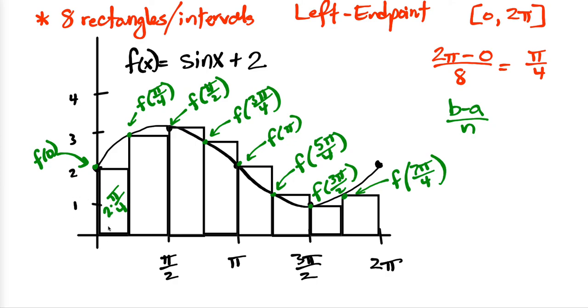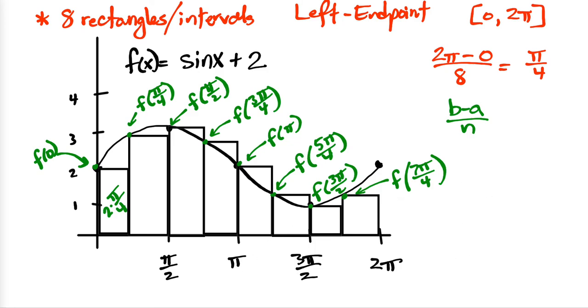If I could present this differently to you, this first one I wrote 2 times pi fourths. What is 2? That was f of 0. This would be f of pi fourths times pi fourths. This would be f of pi halves times pi fourths. Every single one of these is going to be times pi fourths.